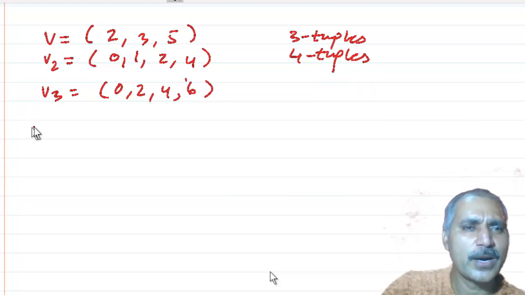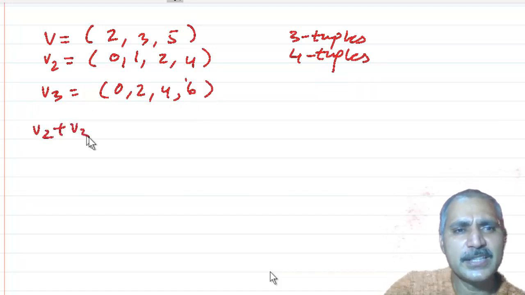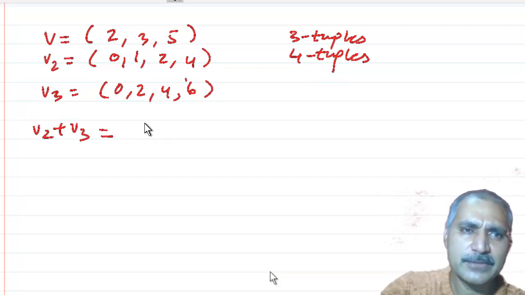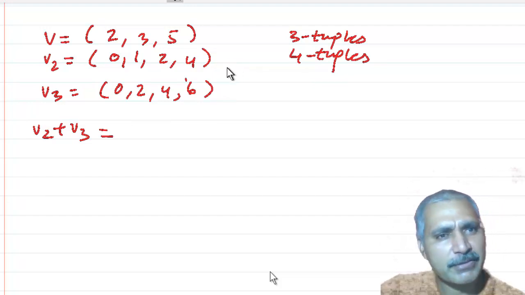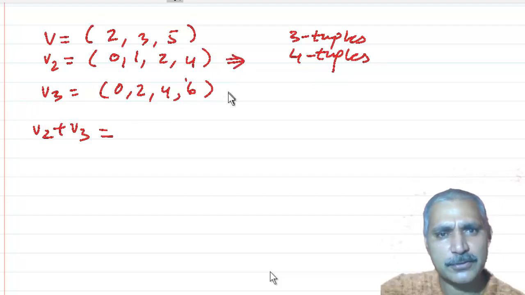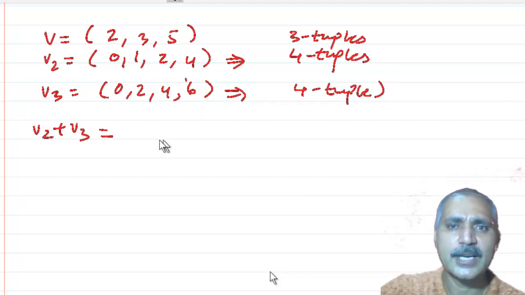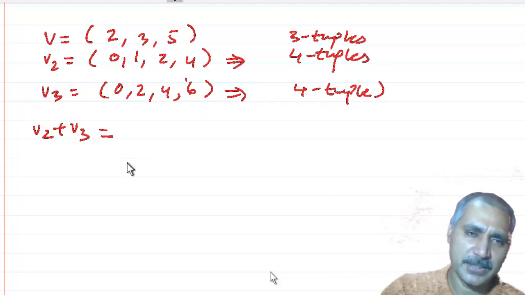Suppose we want to add v2 with v3. First we need to see the tuple: v2 is a 4-tuple, and v3 is also a 4-tuple. That means we can add and subtract v2 and v3.